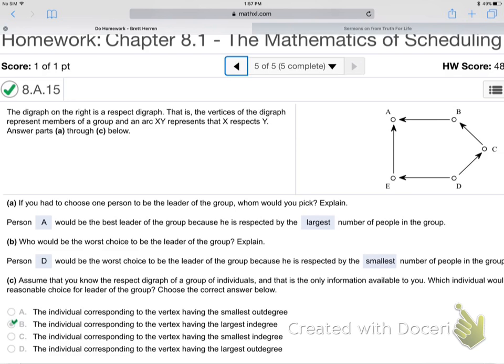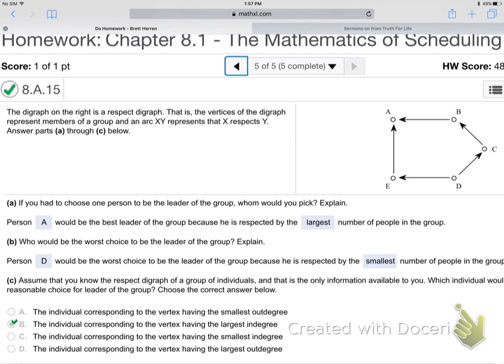So basically, when B points to A, that means B respects A. And when E points to A, that means E respects A. And when D points to E, and on you go. So if you're pointing at anybody, you respect them. Okay. So that's how the relationships in this group go between A, B, C, D, and E.